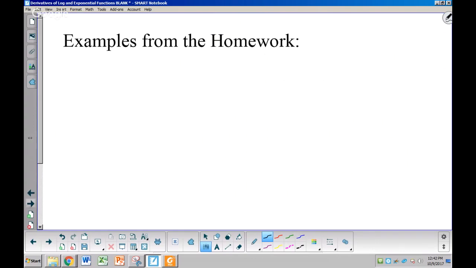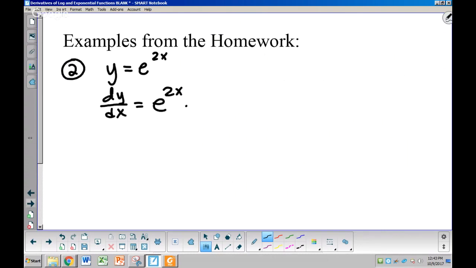Okay, so number 2. y equals e to the 2x. And you're going to see how fast this homework's going to go. I'm finding the derivative. dy dx is equal to e to the 2x times the derivative of the exponent, which is 2.